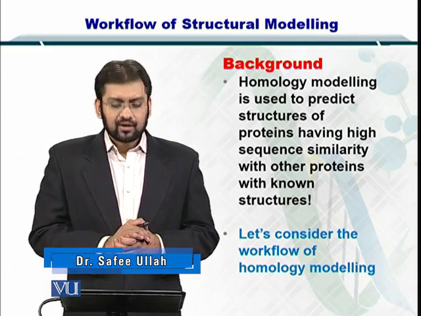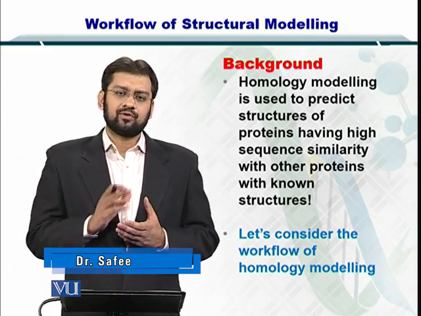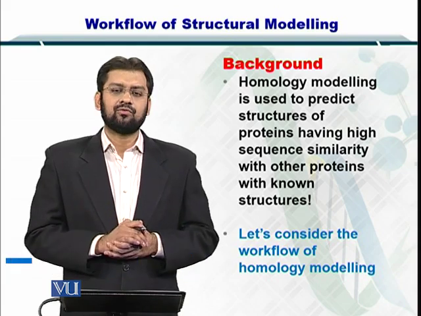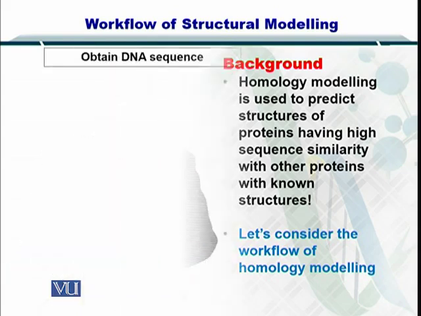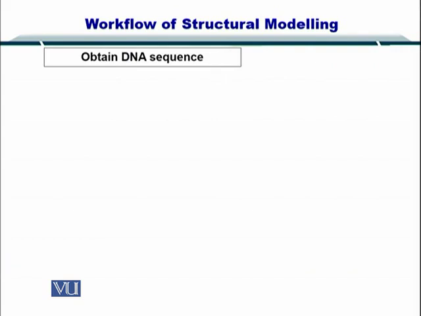So let's consider how the workflow or the flowchart of homology modeling works. First of all, you need to start with finding the DNA sequence. Once you have the DNA sequence, then you can find the ORFs. As you know, there are 6 possible ORFs.